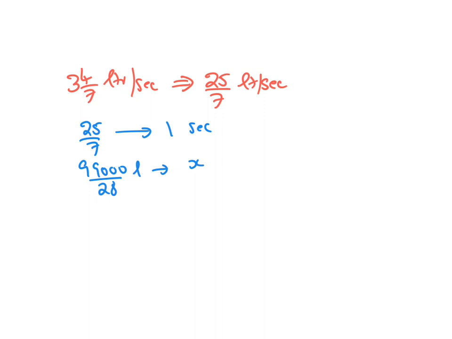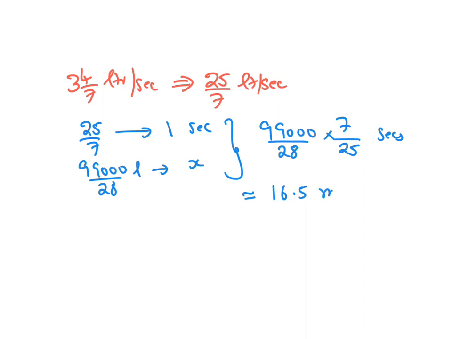We have learned these kinds of problems, cross multiplication. So that's going to be 99,000/28 divided by 25/7. When you flip the division, it becomes 7/25, seconds. Simplify that, and that's going to be equal to 16.5 minutes. So the time taken will be 16.5 minutes.